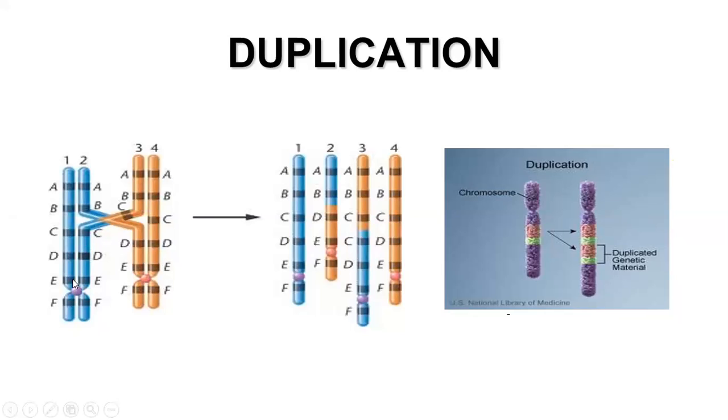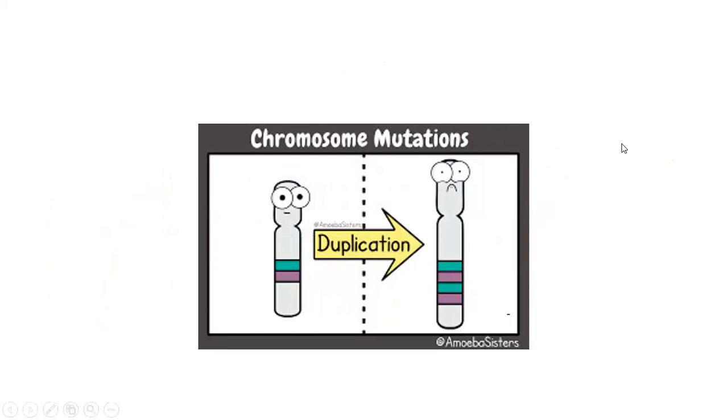And due to this phenomenon, that is due to unequal crossing over, some genes on the chromosome are present twice. If you see here, some genes on the chromosome are present twice. This is called duplication.